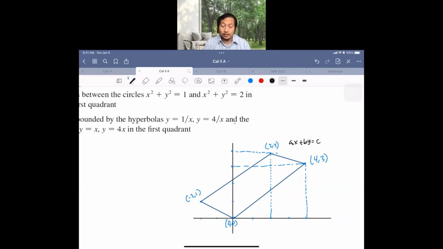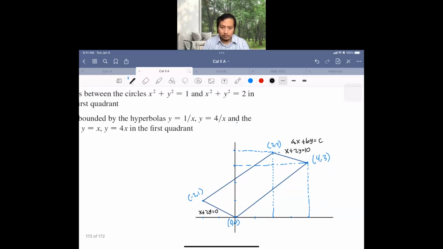I think you can try one by one, take some time to check all the points, and eventually you will learn that this will be x plus 2y equals 10, and this is x plus 2y equals 0. I think you can start from the bottom here, because it's 0, 0, it's easy to calculate. And here you get 4y minus 3x equals 0. And this will be 4y minus 3x equals, for 2, 4, 16 minus 6 is 10, so it's supposed to be 10.